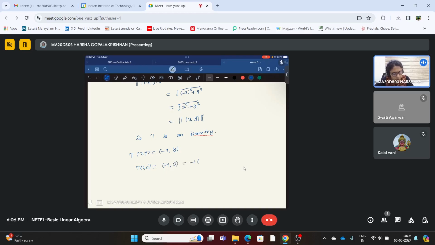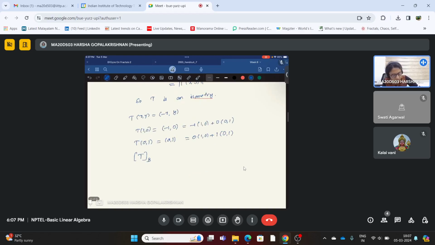This is equal to minus 1 into (1, 0) plus 0 into (0, 1). In the same way, T of (0, 1) is (0, 1). That means 0 into (1, 0) plus 1 into (0, 1). So the matrix of T with respect to the ordered basis B equals [[minus 1, 0], [0, 1]]. What is our B here? It is {(1, 0), (0, 1)}.